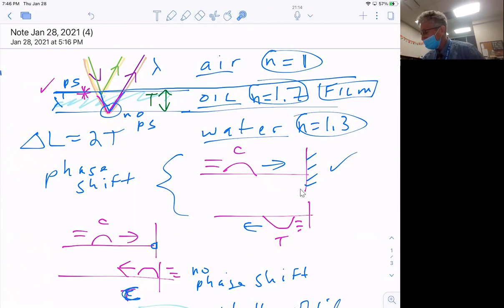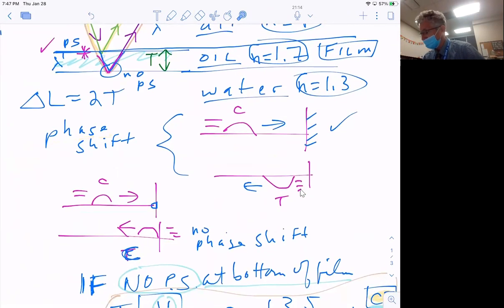So if I sent a little crest down a jump rope, and someone's holding it firmly on one end, it's going to do a phase shift, and it's going to turn into a trough, and then continue going to the left. That's called a phase shift: a 1/2 wavelength change in the shape of the wave.